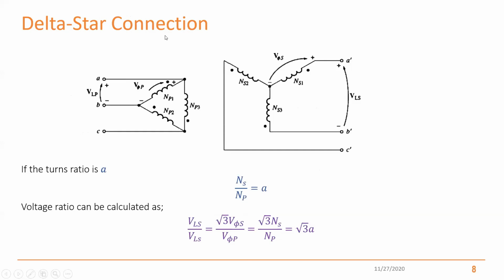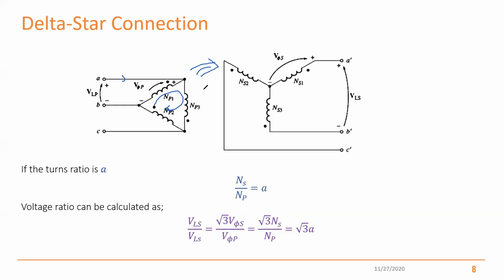Here also the same thing again. From the input, if there is a third harmonic component coming in, it is going to circulate in this delta winding and it doesn't flow to the star winding. Therefore, because of this delta winding, the third harmonic problem is removed, and the unbalance is also removed.